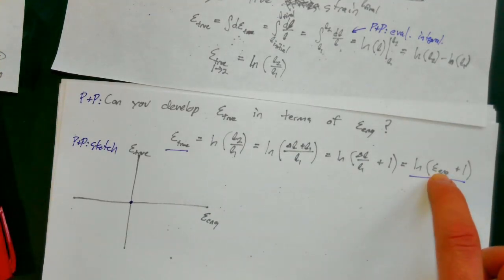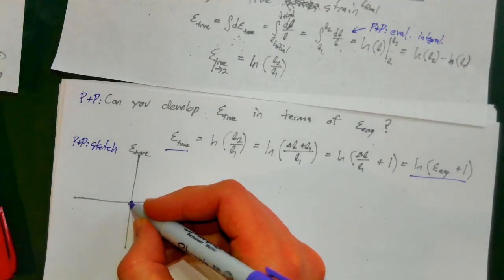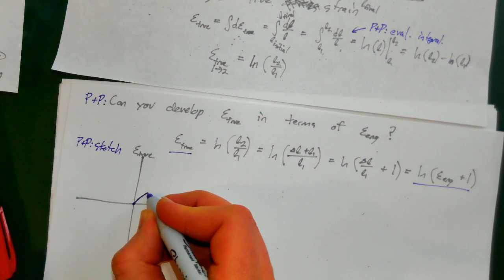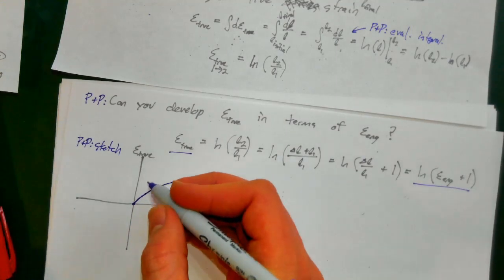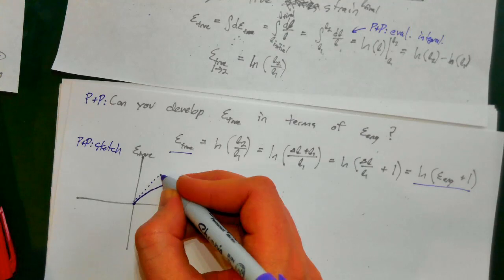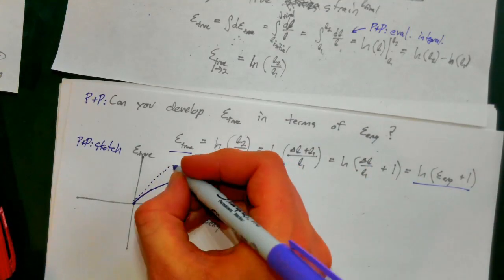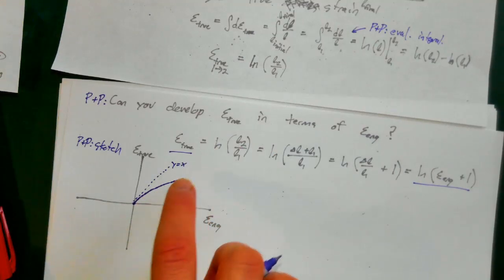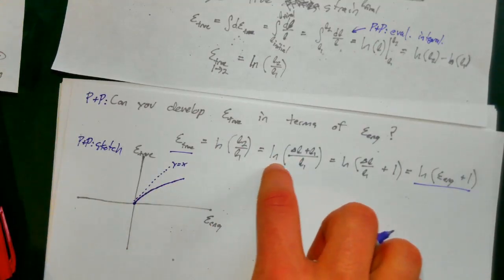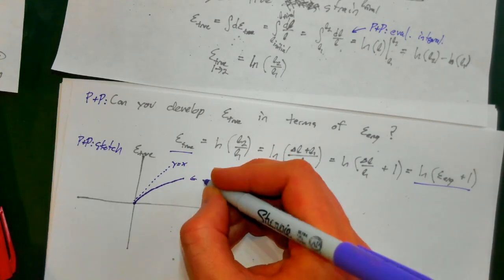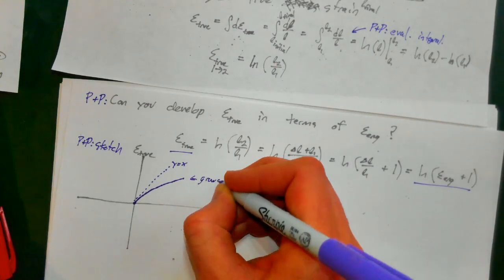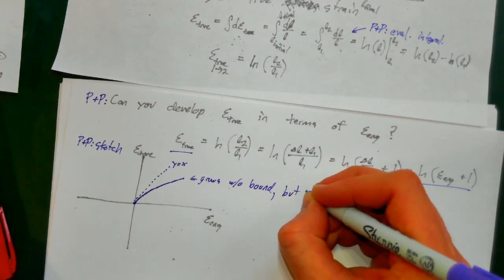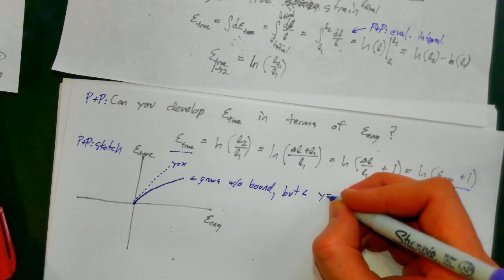When engineering strain goes up, a straight line goes like this, but natural log creeps up at a rate less than y equals x. The natural log curves down a little bit. It doesn't asymptote to anything. It grows without bound, but less than the curve y equals x.